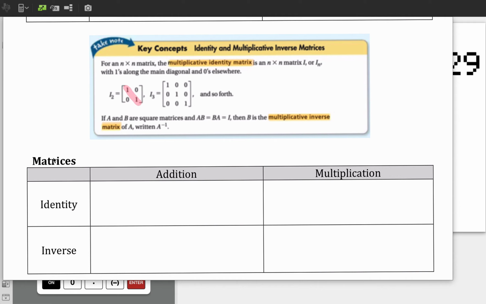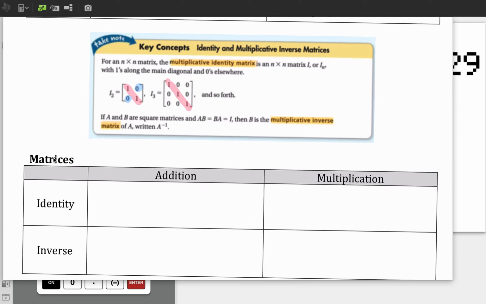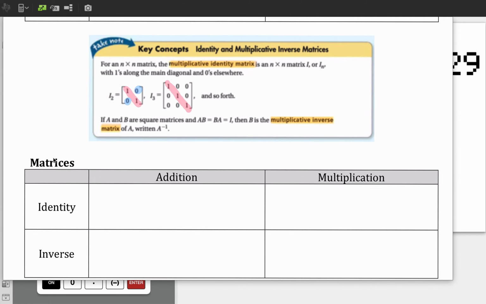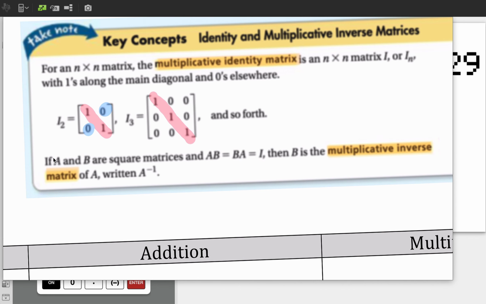The rest of them are 0s. The same holds true for a larger matrix, a 3 by 3. All of those down the main diagonal are 1s, and everything else is 0s.